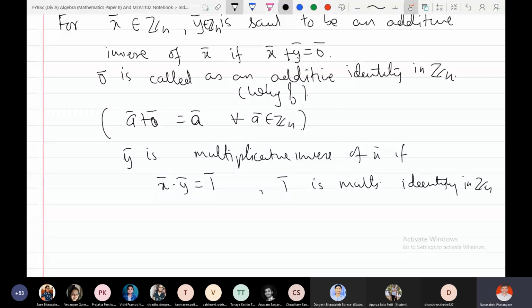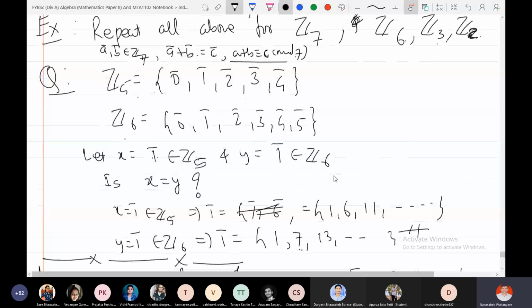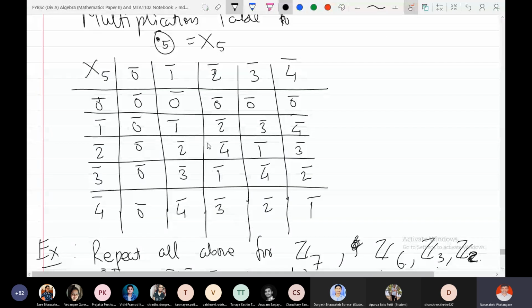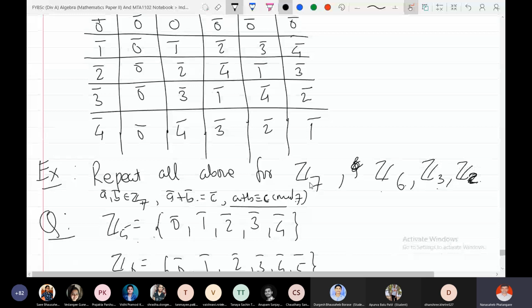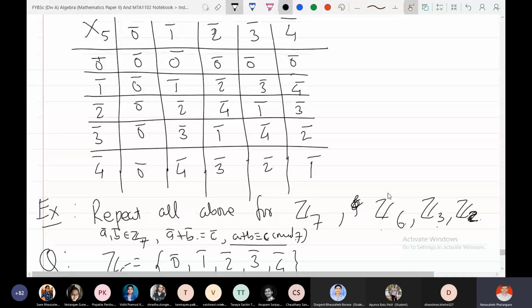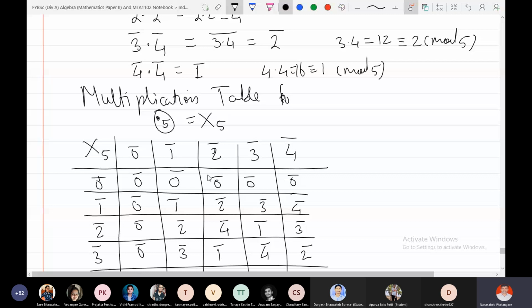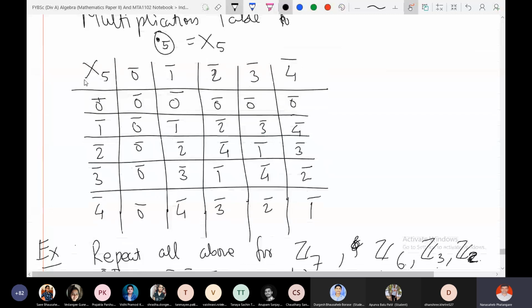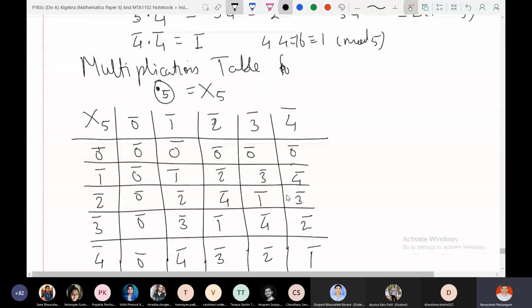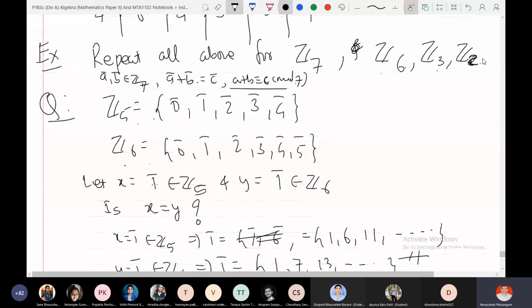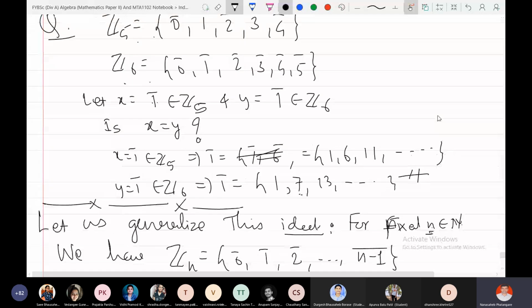Now from this multiplication table, find out multiplicative inverses of various elements and repeat the same thing for Z7, Z6 and so on. What is the exercise? Find multiplicative inverses of elements in Z5 and repeat this for Z7, Z6, Z3 and Z2. Is the exercise clear?